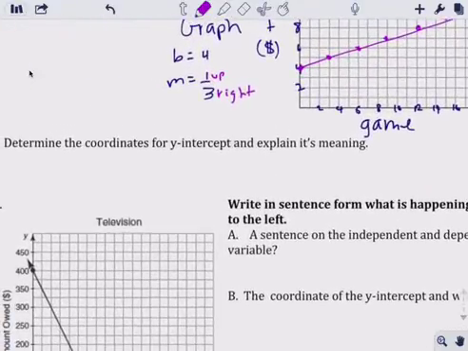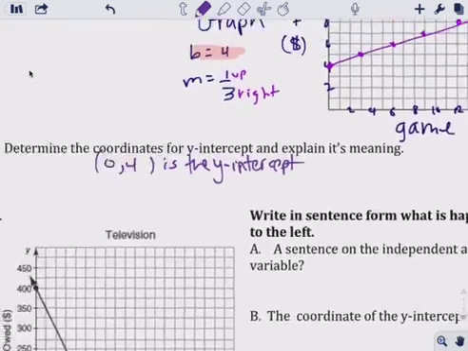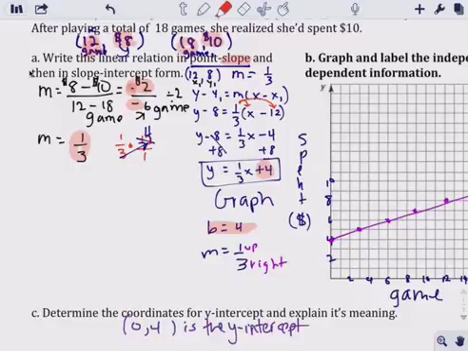y-intercept. Okay, your b is your y-intercept, which is 4. But as an ordered pair, it is (0, 4). That is the y-intercept. And its meaning: remember, the first one, your x, is the games, and your y is the dollar amount.